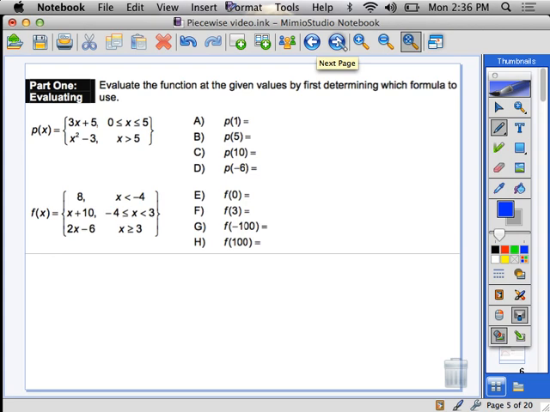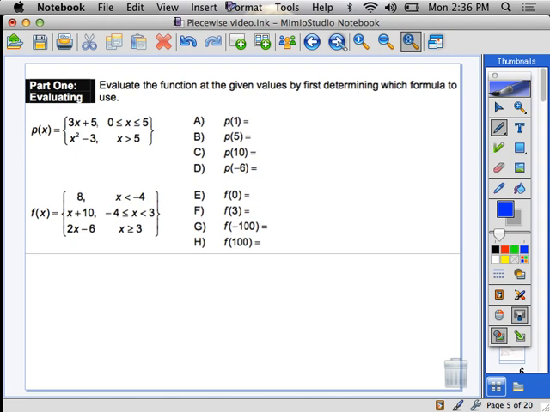Okay, one of the things we want to do with piecewise functions is to find out what the graph is going to look like. And so we can plug in different values for x and solve and then graph the problem.